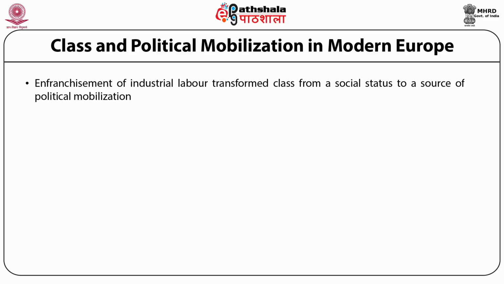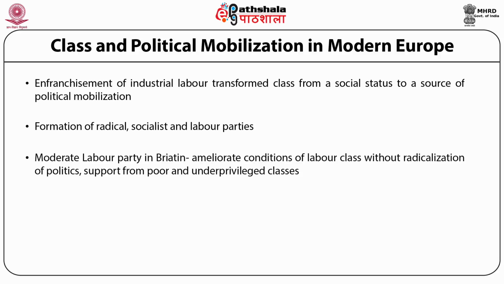Class has also become a basis of the formation of radical socialist and labor parties in different European countries. In Britain, the Labour Party was formed on the basis of class. The party was mainly formed to ameliorate the conditions of the labor class, but did not resort to radicalization of politics.